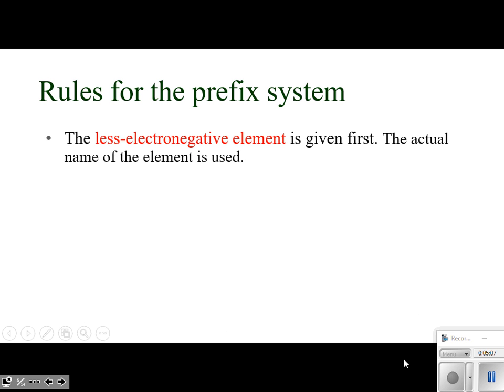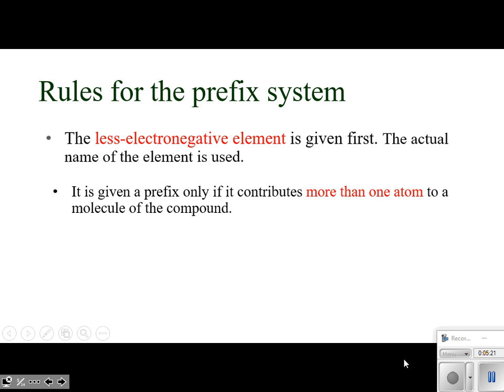So, the least electronegative element is given first. We use the actual name for that particular element. It is given a prefix only if there is more than one atom.